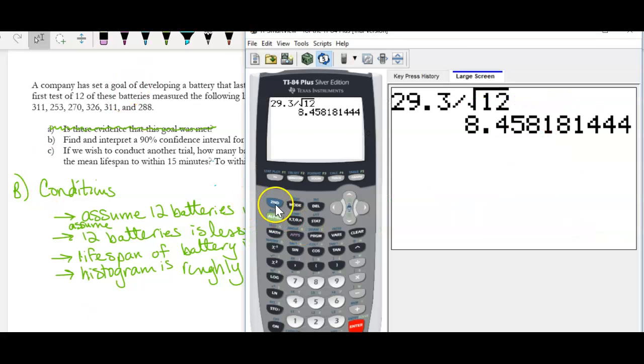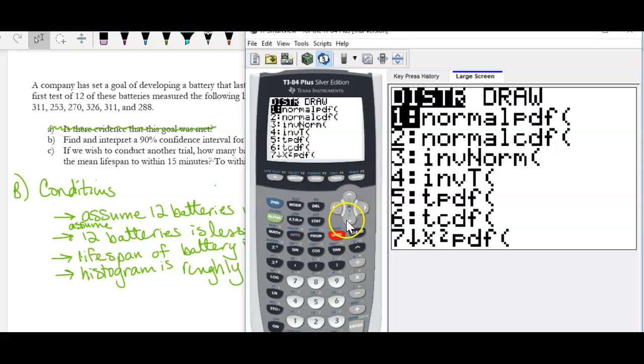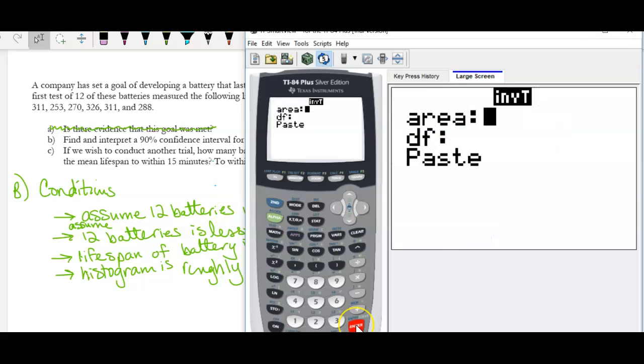So we're going to go second, vars, inverse t. The area to the left was 0.05. And then our degrees of freedom is 11. So remember when we were doing 95 percentiles and it was always 1.96? Because degrees of freedom is what controls what the percentiles are, you're never going to be able to memorize them for this one because they're always going to change based on what the degrees of freedom is.